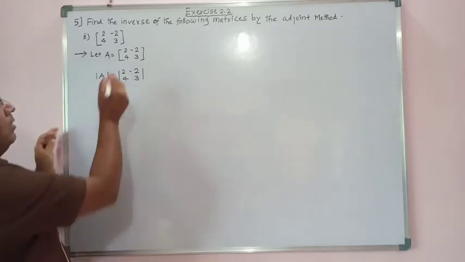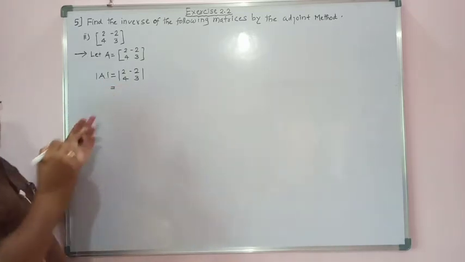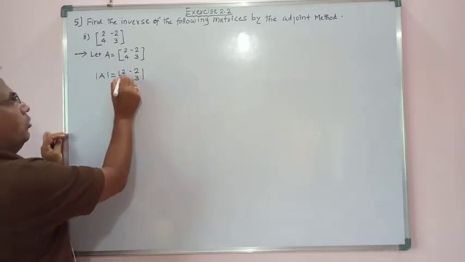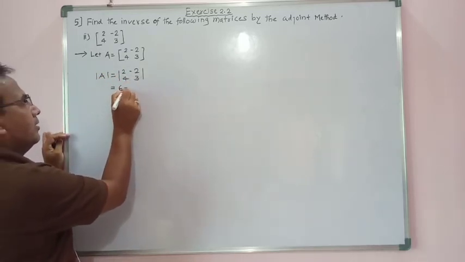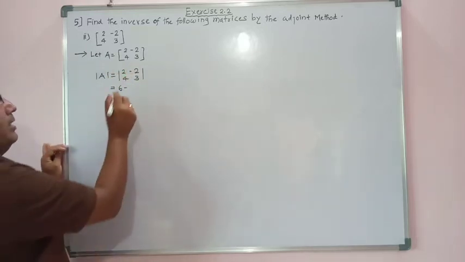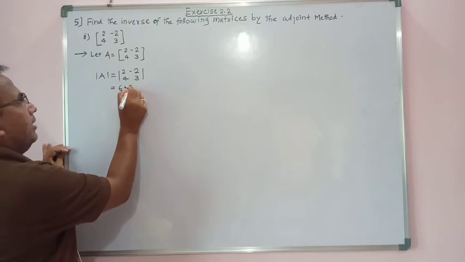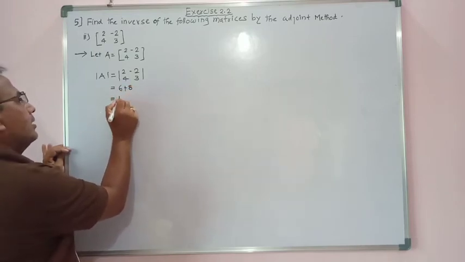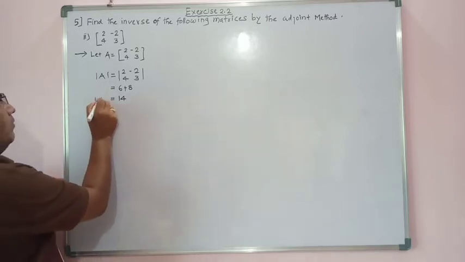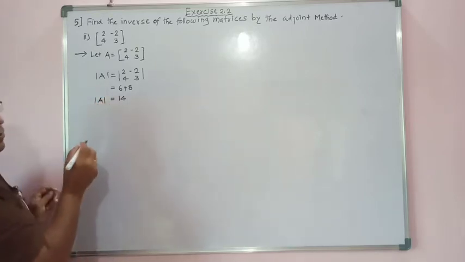Therefore, we use cross multiplication. 2 into 3 is 6. This direction is a minus: 4 into -2 is -8, and this minus makes it plus 8. 6 plus 8 is 14. The value of determinant A equals 14.